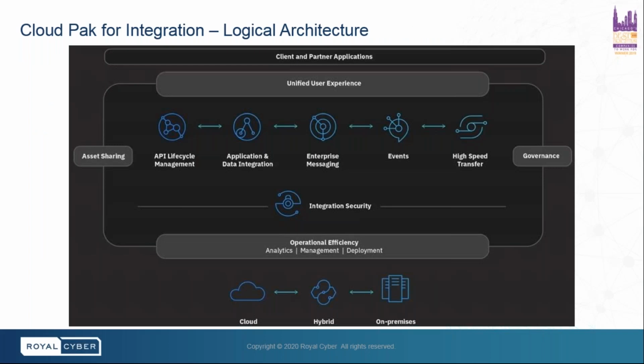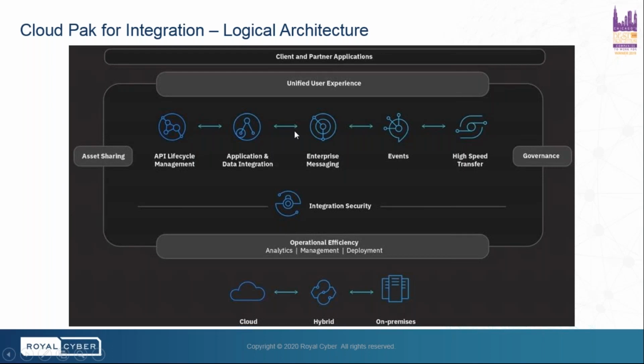So this is a logical architecture for Cloud Pak for Integration. It includes API lifecycle, which unlocks business data and assets as APIs. And we have application and data integration to connect our cloud and on-prem applications.